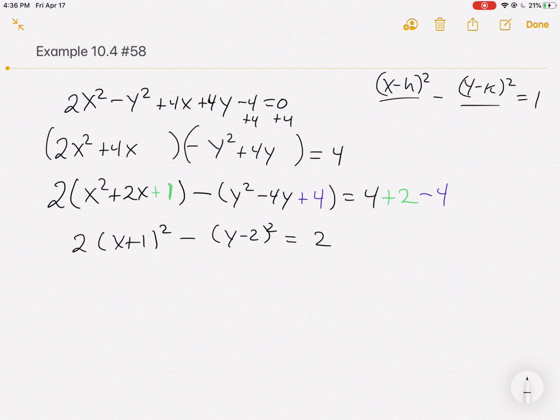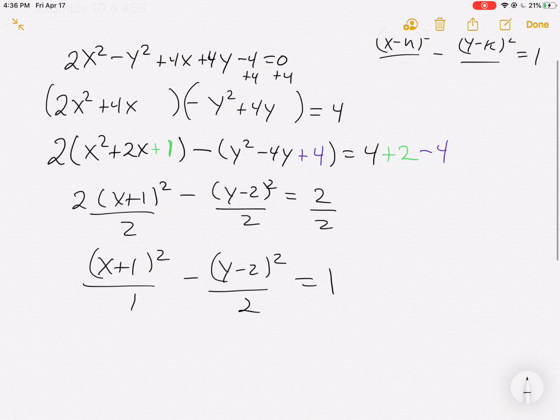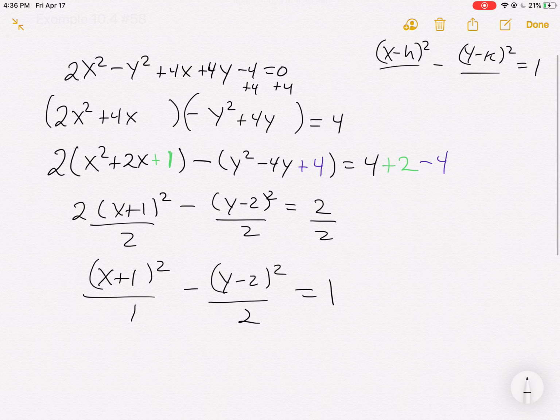So what do I do to finish? I divide everybody by 2, and it works out super nice. x plus 1 squared all over 1, minus y minus 2 squared all over 2, is equal to 1. And now we have the standard form of that hyperbola.